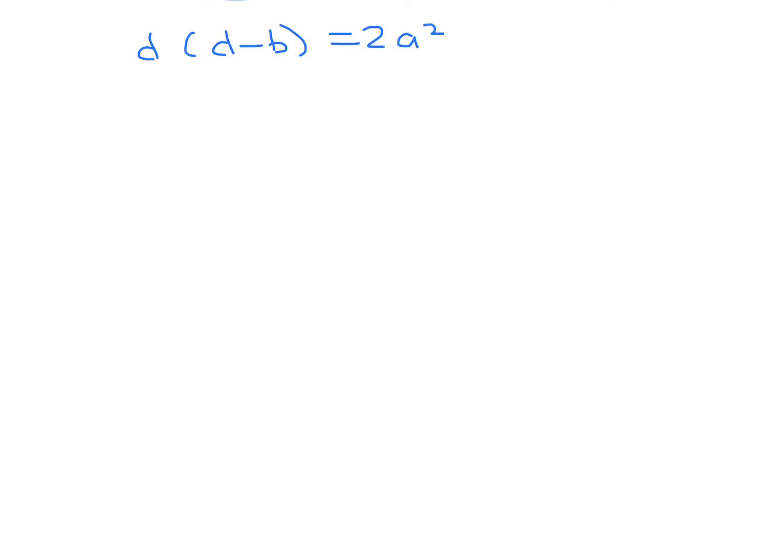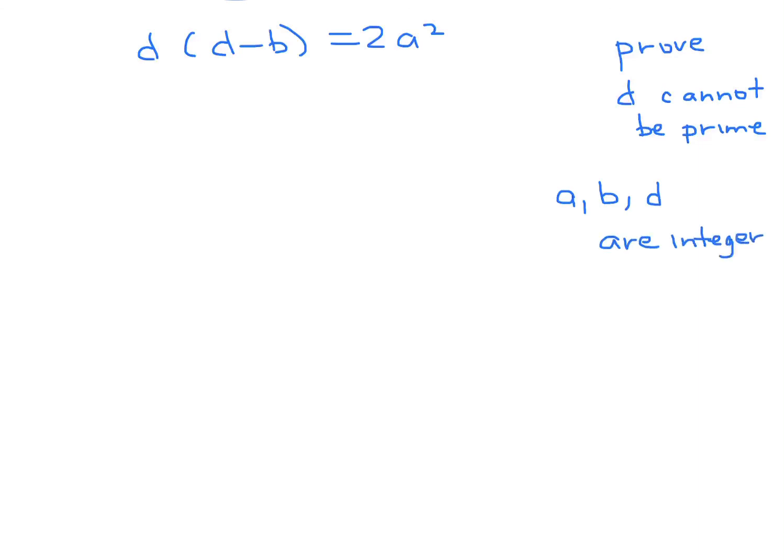Now we have to deal with this. Now remember, the question is asking, can D be a prime number or not? We have to prove that it cannot. So prove that D cannot be prime. So just a little bit of refreshment here. A, B, and D are integers.